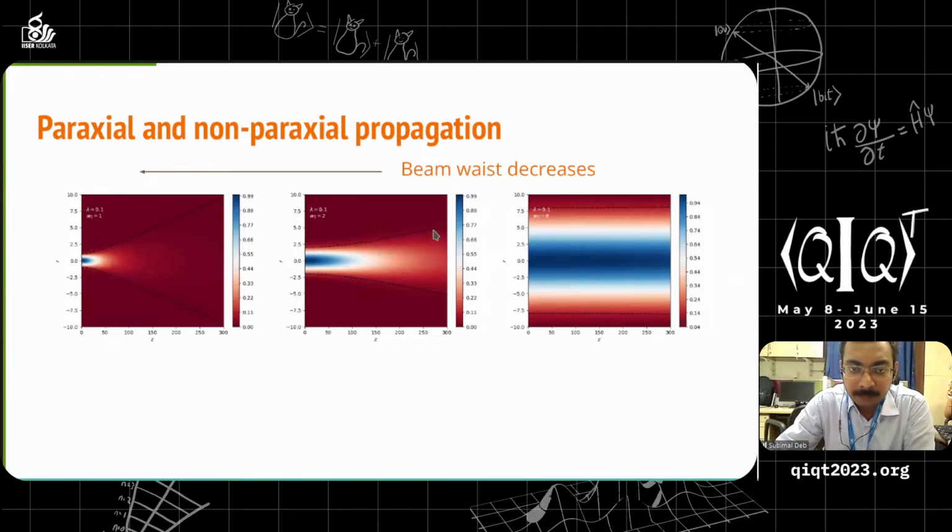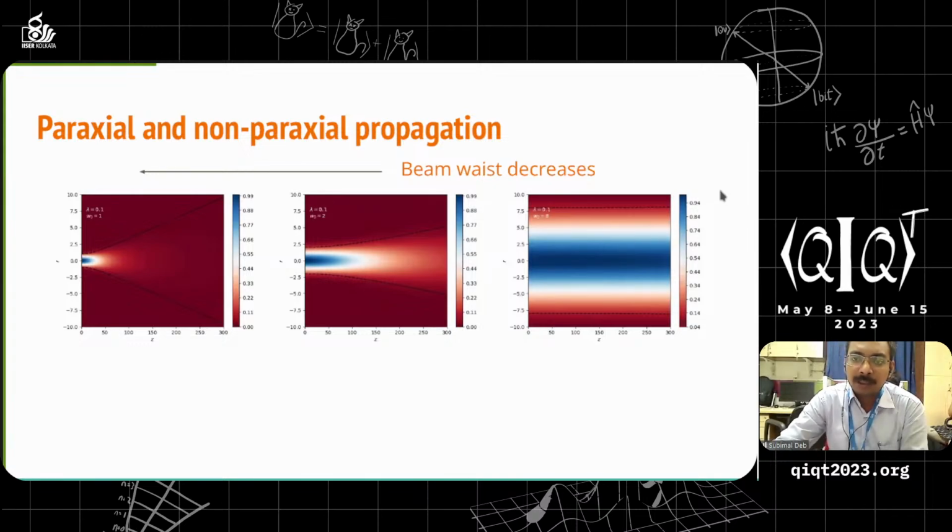The black dotted lines here will mark the spot size. So if you place a screen at a given Z, the spot size that you would observe would roughly be given by the edges wherever the black lines intersect the plane along a particular value of Z. So as you move from right to left, you are decreasing the spot size of the beam. I have kept the wavelength fixed.